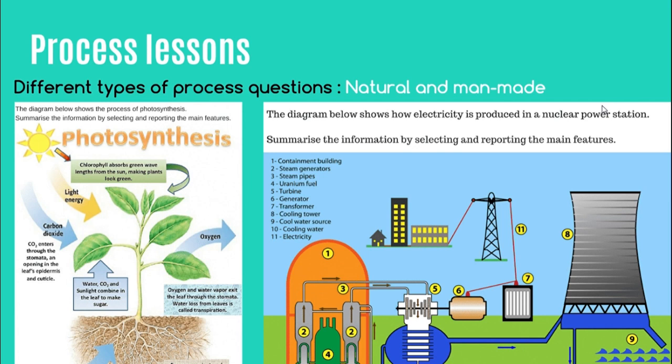It is written that containment building, then steam generators, steam pipes, uranium fuels, turbine, generator, transformer, cooling tower, cooling water source, cooling water, and electricity.